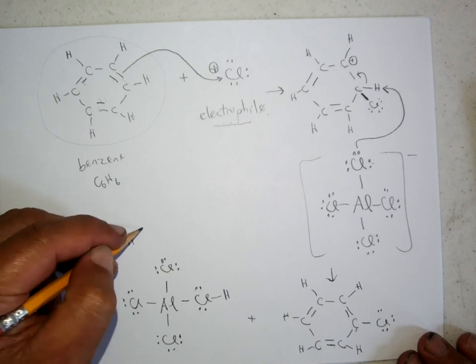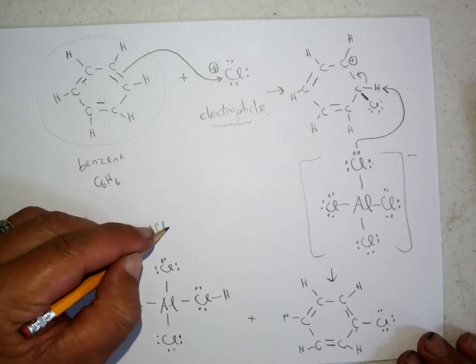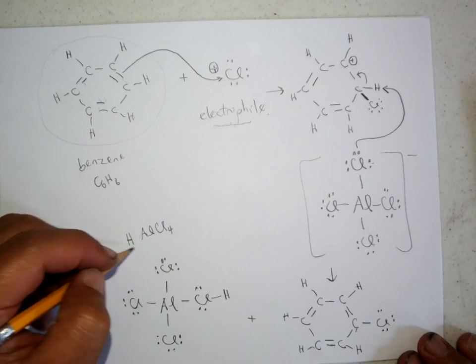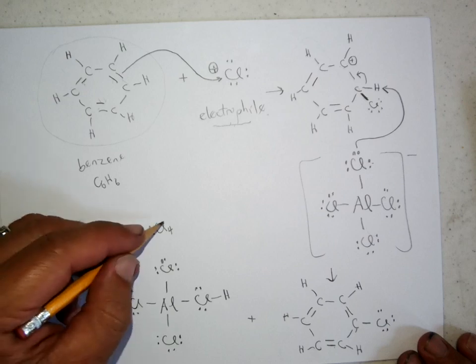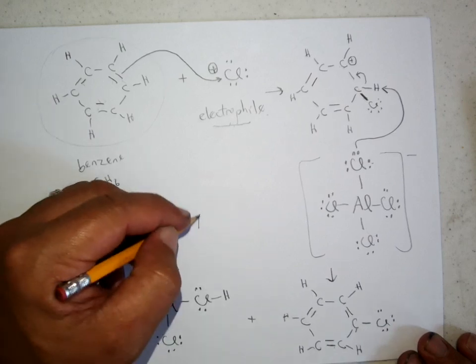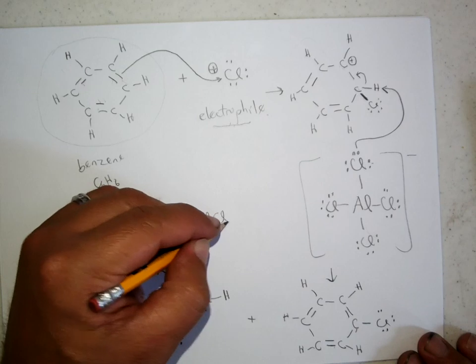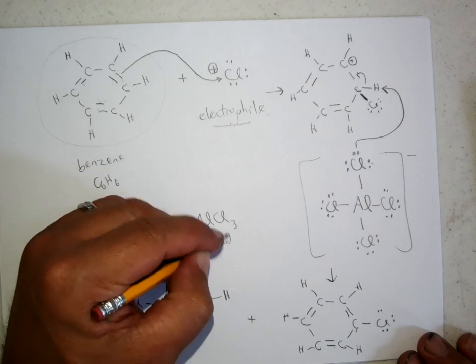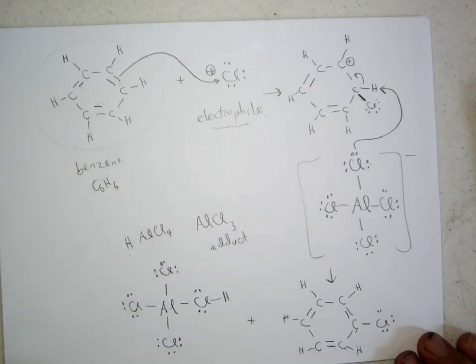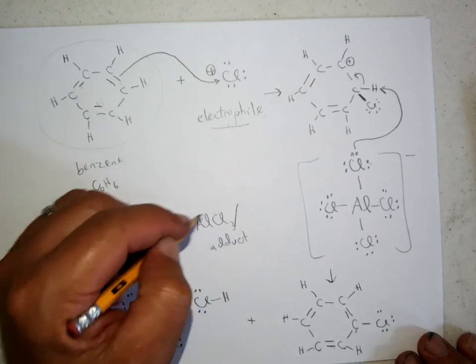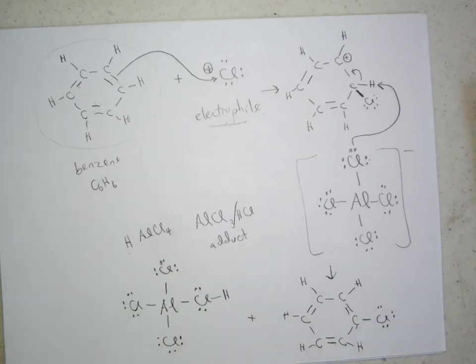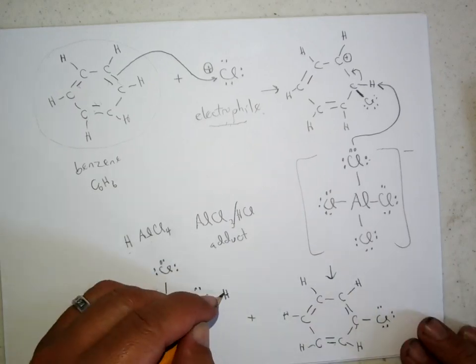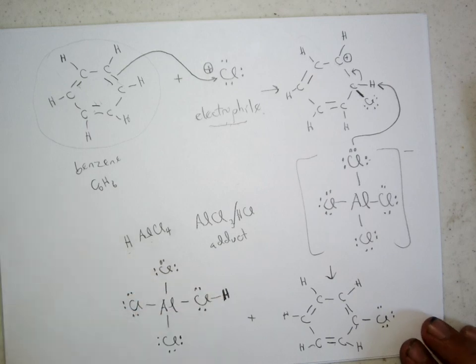Some people would write it HAlCl4 as the acid, that's an H plus with an AlCl4 minus. So this is one good way to write this formula. Other people write it as essentially an adduct. Adduct might be a new word for some people, between the aluminum chloride and HCl. So these two are associated with each other.